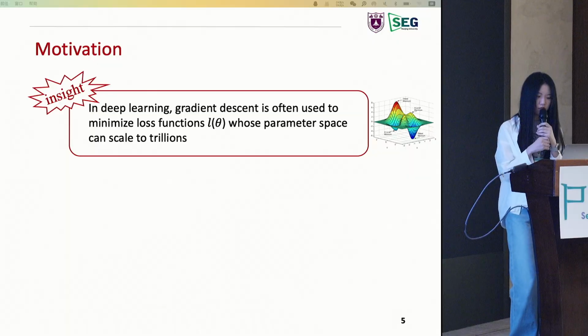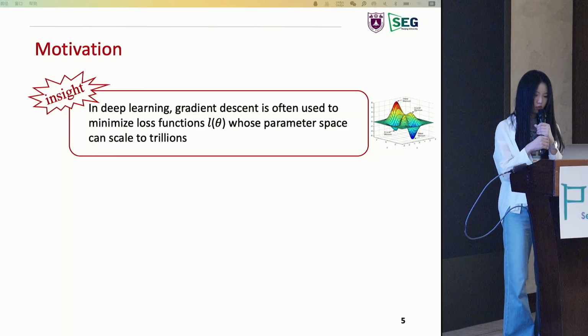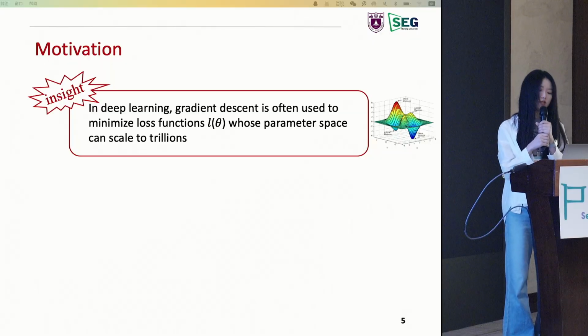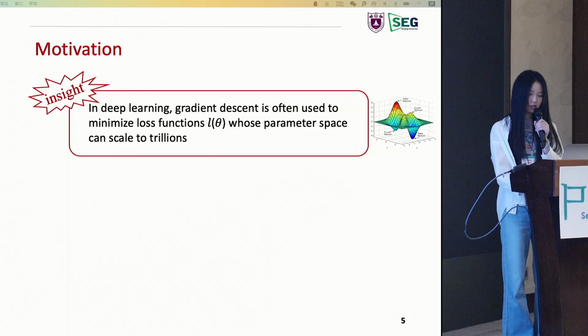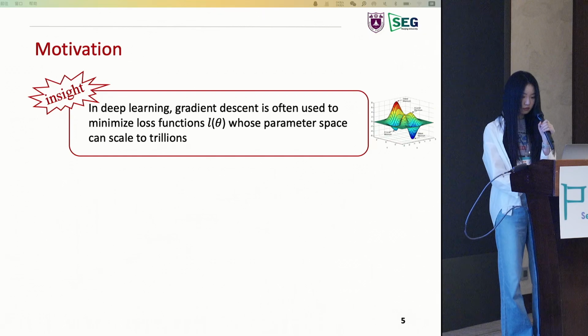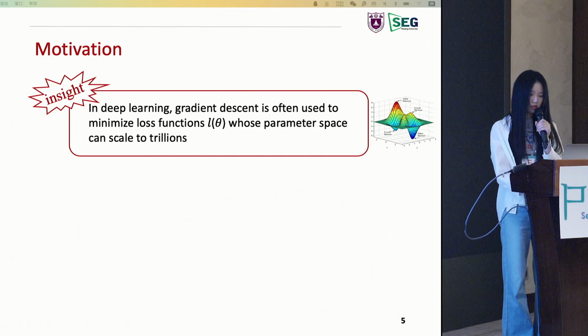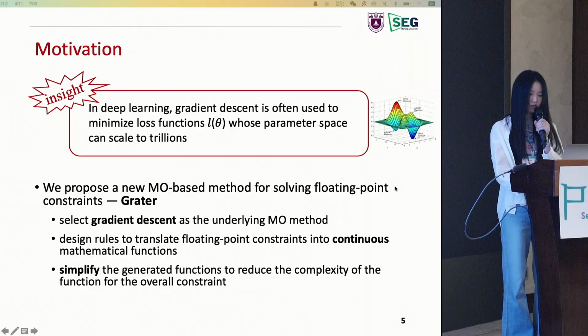Driven by the shortcomings of XSat, we propose a new MO-based method. Our insight is that over the past decade, gradient descent has shown extraordinary capabilities in tackling complex optimization problems. For example, in deep learning, gradient descent is often used to minimize loss functions whose parameter size can scale to trillions. Thus, we want to employ gradient descent as the underlying MO method for solving the mathematical functions corresponding to the original constraints.